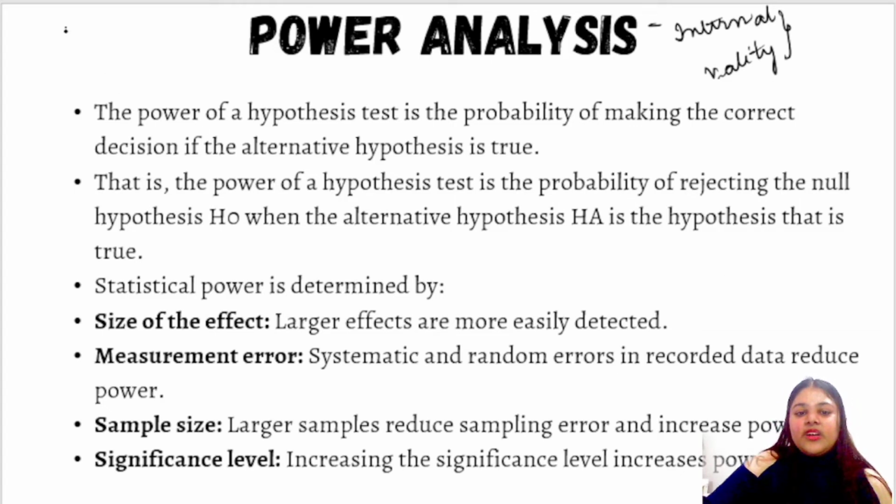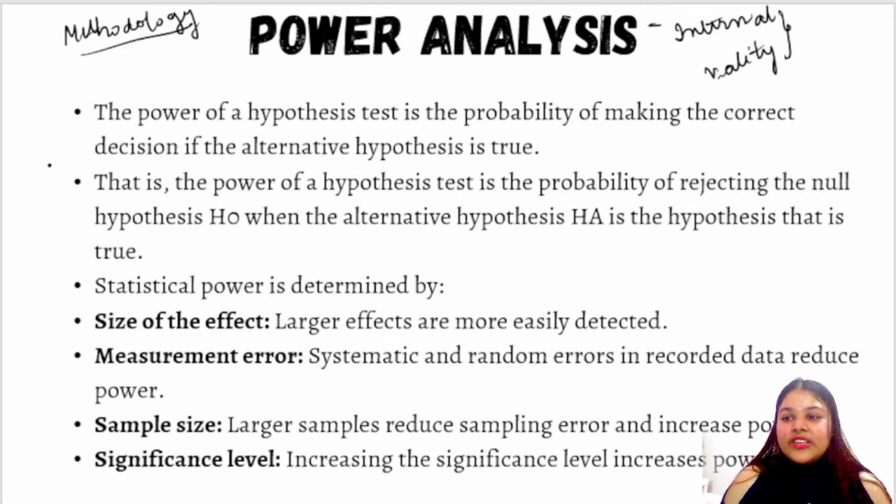If you have written a methodology for your research projects or dissertation, you write all of the things: your objective, the sample that you have chosen, the tools that you have chosen. We also decide the test statistic or the level of significance for our studies. So in power analysis, we analyze the efficiency of our study.